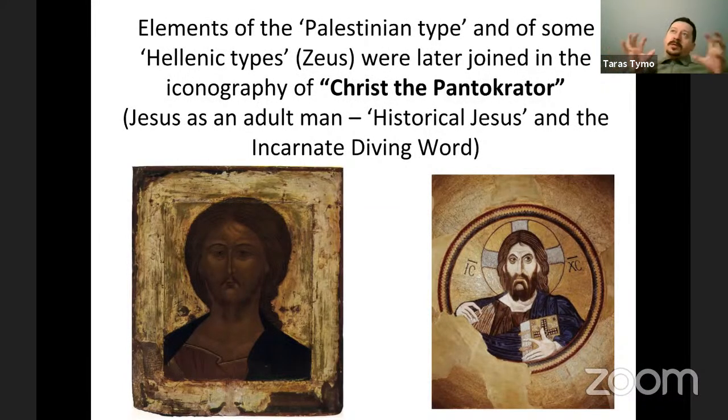So the image kind of brings together two things: Jesus as teacher who brings salvation, and Jesus as a judge who will examine us how we appropriated this teaching he handed over to us.